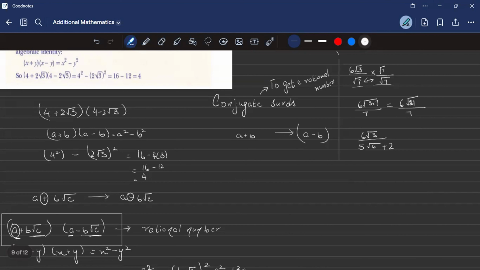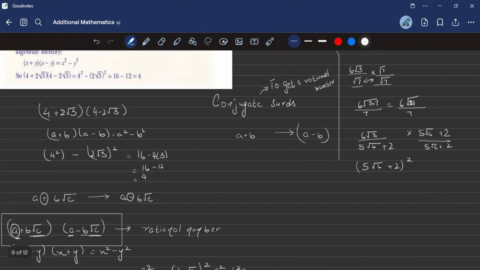Now, basically, if we multiply this by 5 under root 6 plus 2 divided by 5 under root 6 plus 2, again, the methodology would be simple. We would say multiplied by 1. However, if we find 5 under root 6 plus 2 whole squared, we would get something different.